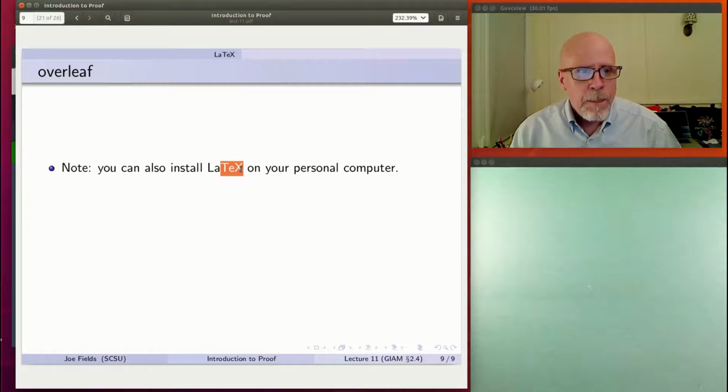Then another gentleman came along, Leslie Lamport, and he took TeX, which, while it was an excellent program and probably one of the most bug-free programs that has ever been written, Lamport wanted to have a slightly easier user interface.